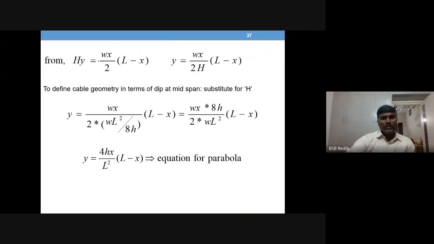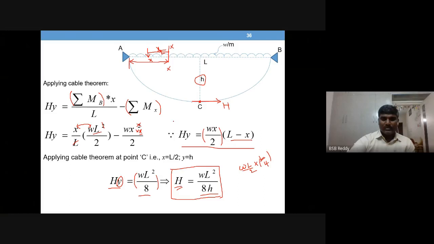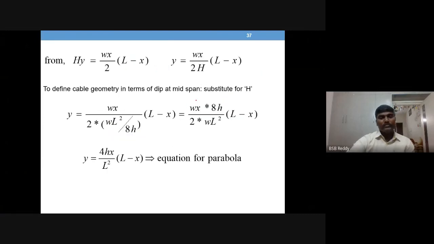Now y is equal to, from the expression, earlier expression. So this is the expression that you are taking. So from that, what is y? Equation for y is equal to wx by 2h into L minus x. Okay.